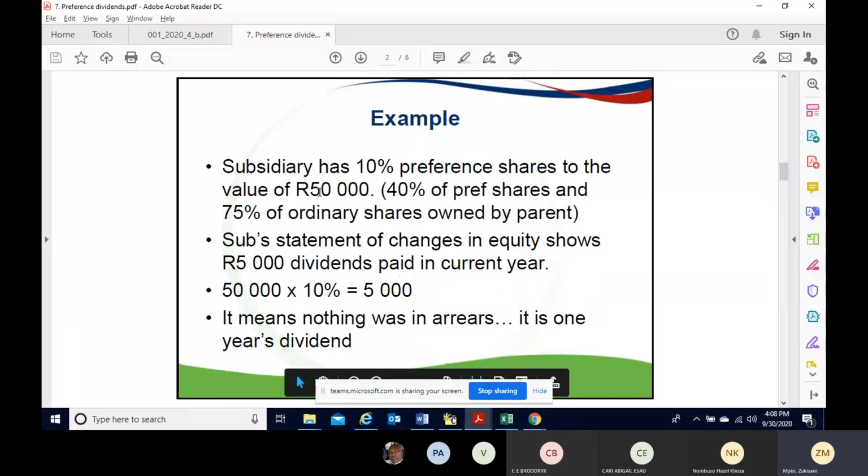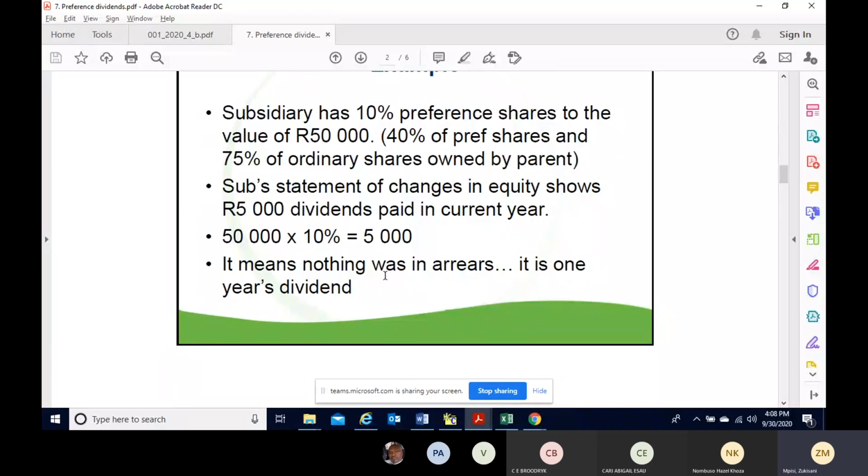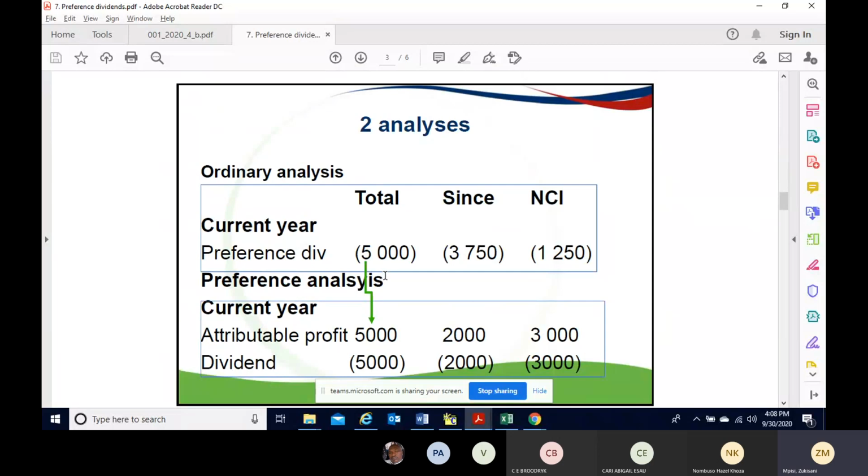So it's 50,000 multiplied by 10%, which is paid in the current year. And please note, there is nothing that would have been in arrears in the year that these dividends have been paid. If you are doing an analysis of equity of the subsidiary, the preference dividend is 5,000 in the current year.